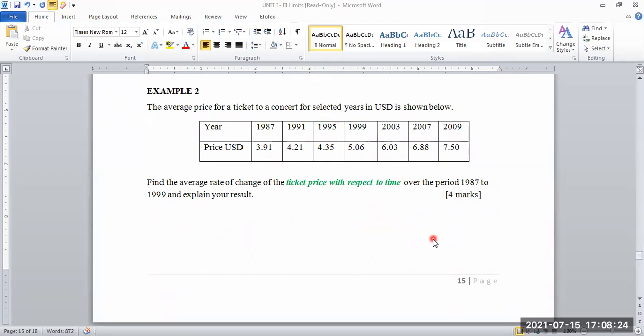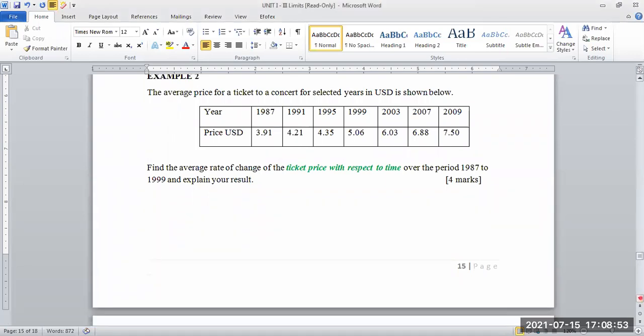You subtract 3.91 from 5.06, and that will give you $1.15. And then you divide the $1.15. Sorry, average rate of change, Janelle. ARC.